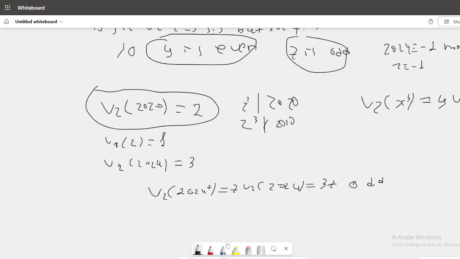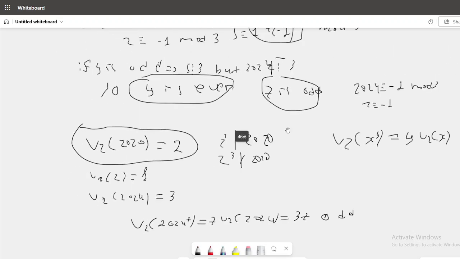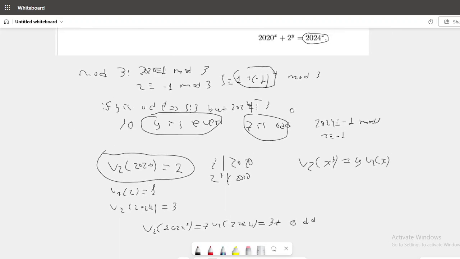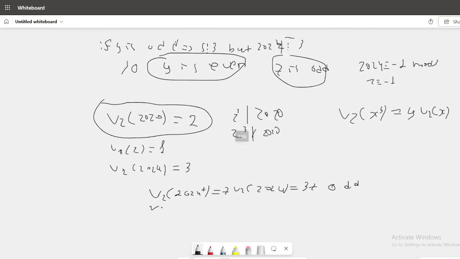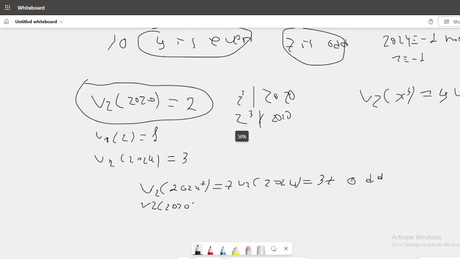Right? But what if we look at V2 of 2020 to the power of x? It is equal to x times V2 of 2020, and it is 2x, and it's always even.